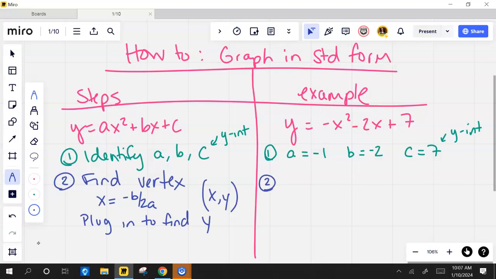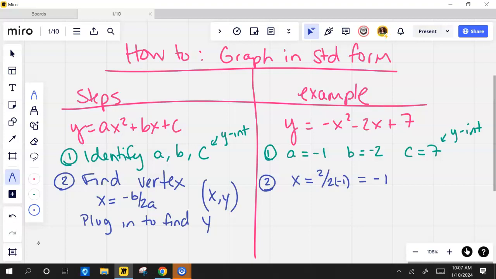If you have A, B, and C listed out right here, it makes things a lot easier to go through and find that vertex and plug in that formula. So I'm going to do x equals, well, the opposite of B would be what? 2. And then 2 times A, what's A? -1. So x equals -1.